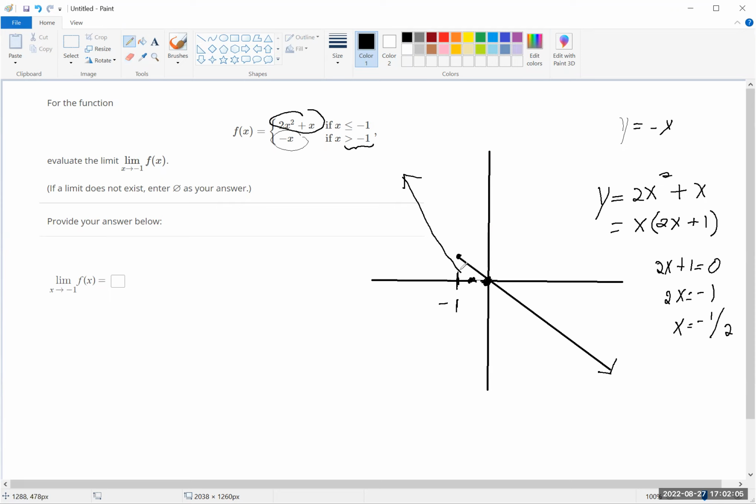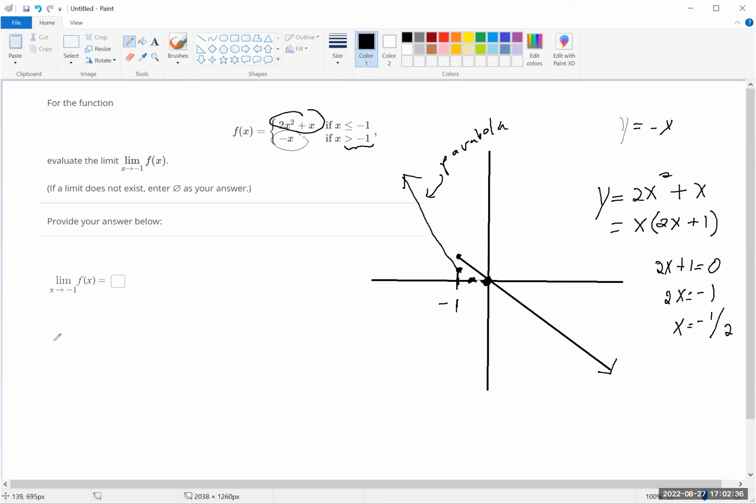But it appears just from my very rough sketch that there's some disconnect there. This is supposed to be a parabola, even though now it looks like a line. But because there's a disconnect, we're just going to have to plug it in. There's no other way to do it.